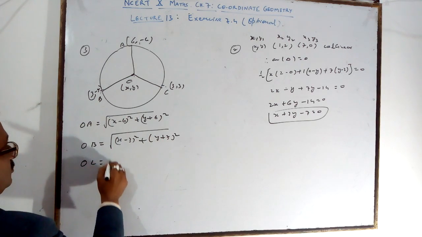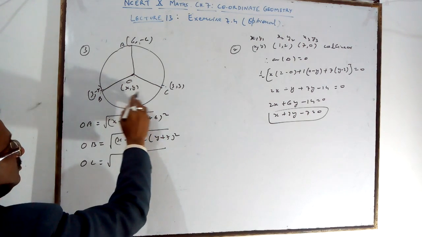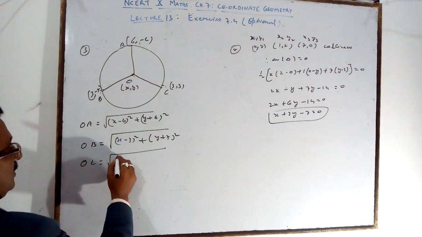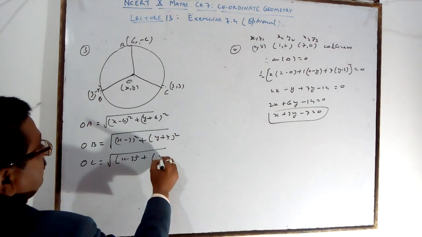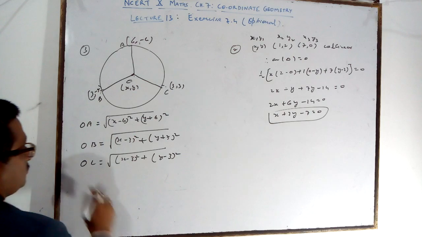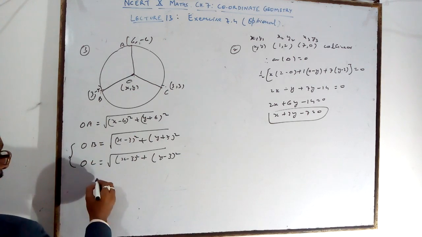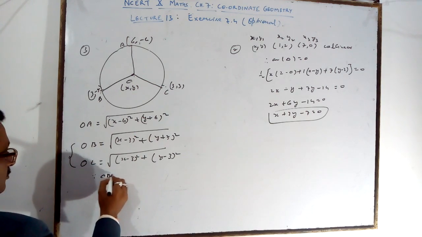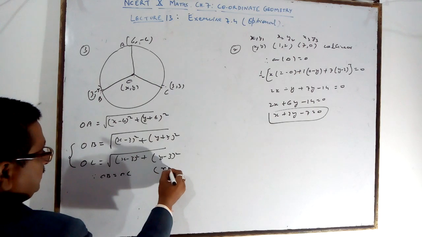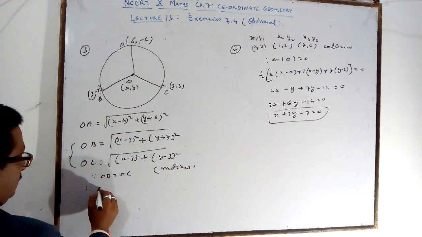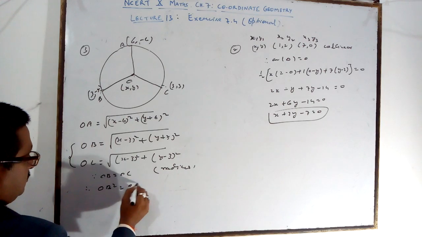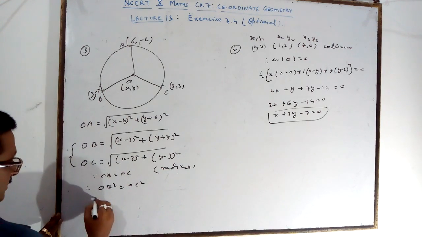OC is equal to, by the distance formula, under root x minus 3 square plus y minus 3 square. So these two you take, because OB is equal to OC, the radius of the circle. Therefore OB square is also equal to OC square, so the square root will be cancelled.